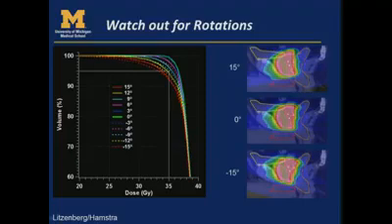One thing to keep in mind with these patients is rotations. With changes in rectal filling, hopefully you're giving the patients bladder and rectal filling instructions to try to keep that consistent, but there are going to be changes from day to day, and depending on the shape of the patient's PTV, rotations may be really important or they may not be that important.